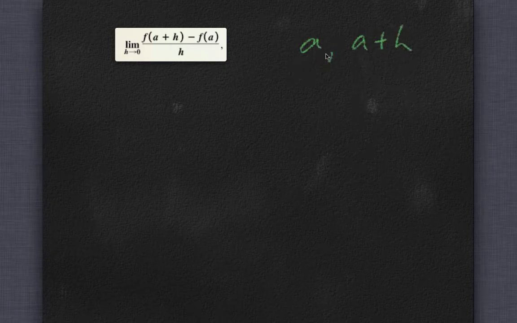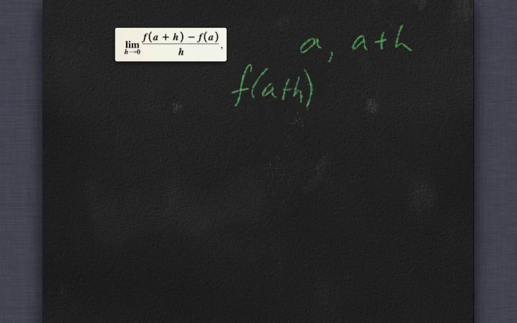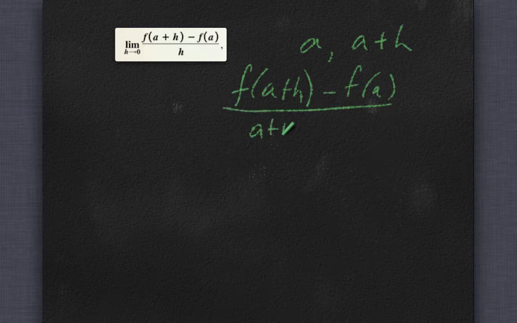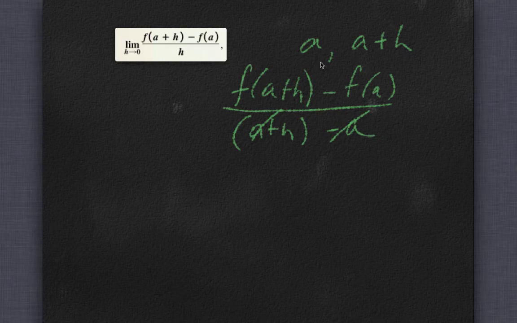So we're looking for the instantaneous rate of change at A. So we take A and we take somebody who's not A, and then we take the slope, so f of A plus h minus f of A over A plus h minus A, but then the A's cancel, and we end up with this. But we want to keep getting closer and closer to A. So getting closer and closer to A means h is getting smaller and smaller. In particular, h is going to 0.